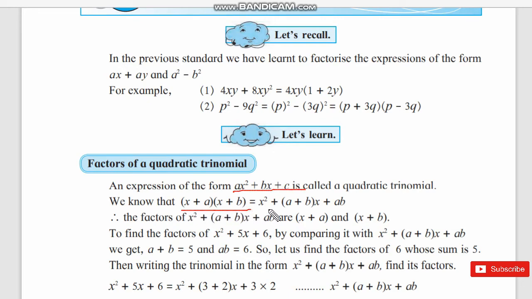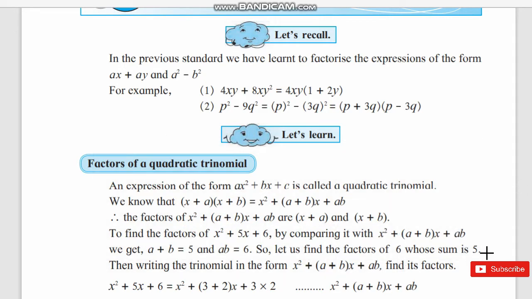So how can we multiply both brackets? x square plus (a plus b)x plus ab. This is the multiplication of the two brackets. Therefore, the factors of x square plus (a plus b)x plus ab are x plus a in the first bracket and x plus b in the second bracket. So they have been given like this.